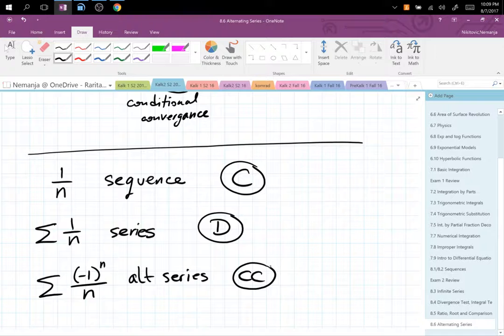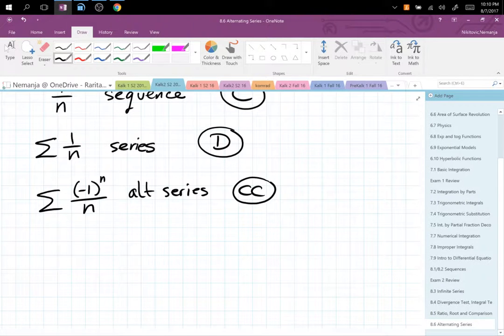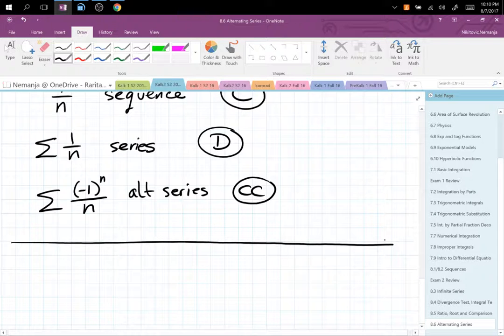It's an ordered list of numbers, and the only test you have is the limit of a_n. That's it for sequences. Series is this chart of 10 different tests. I think there's actually two. No, we only have one test, and the conclusions are convergent or divergent.